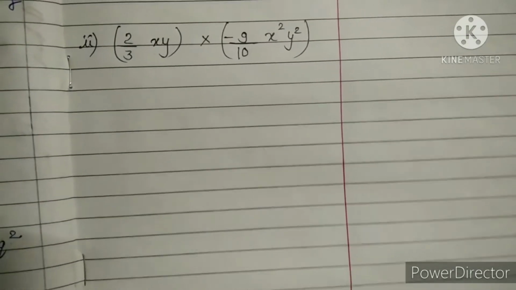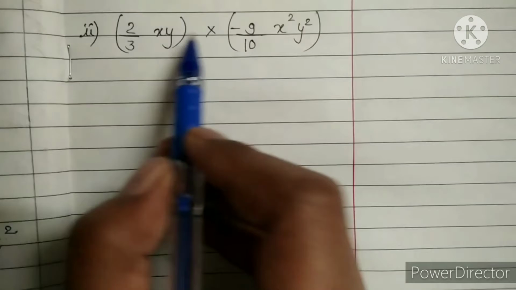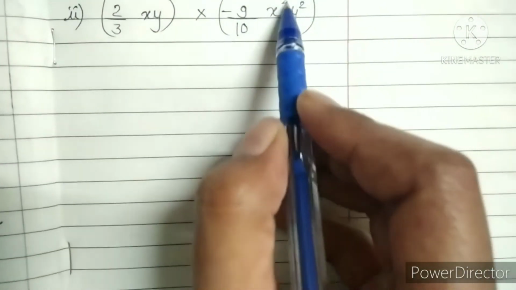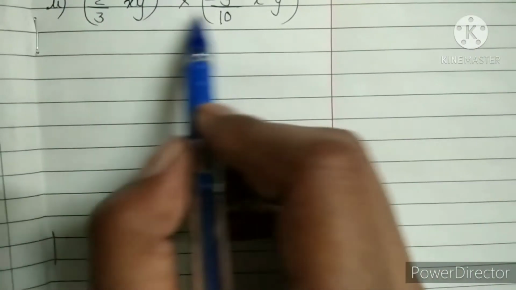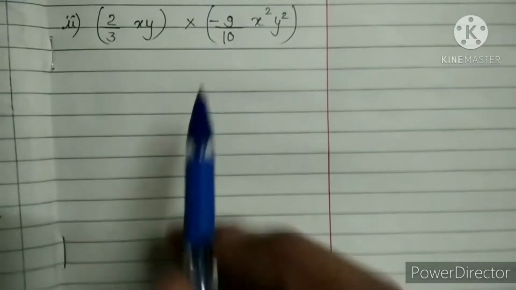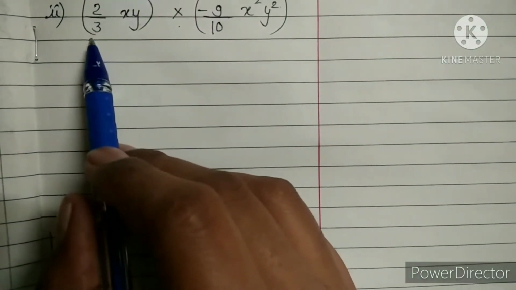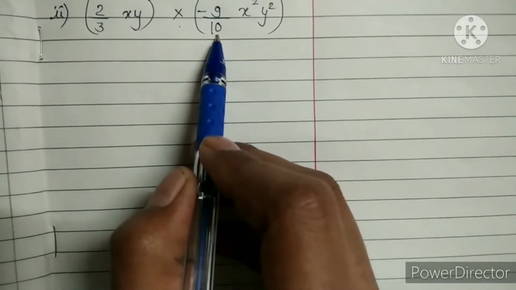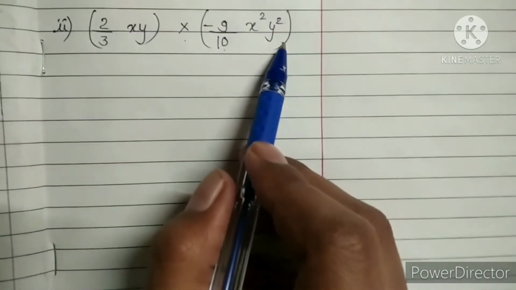The second one is 2 by 3 xy multiplied by minus 9 by 10 x square y square. In between both expressions we have a multiplication symbol. It means we can multiply numerical coefficient to numerical coefficient, and variable to variable.